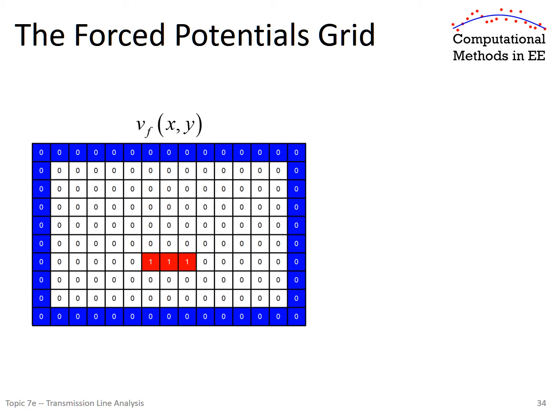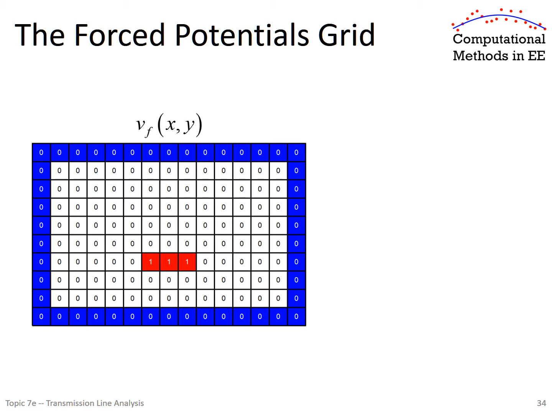So we're going to create yet another 2D array that will have zeros everywhere, except where there are metals, where we're going to say what voltage we're forcing those metals to. In this case, our ground we set to 0 volts, and our microstrip line, our signal line, we set to 1 volt. We always want the difference between these to be 1 volt.